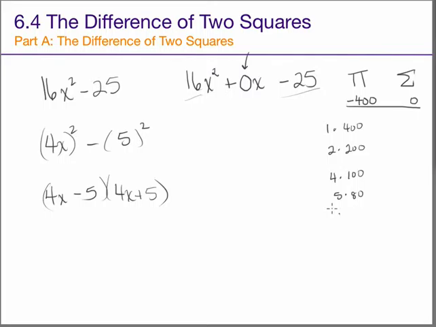Let's go y equals 400 divided by x, then second table. 5 times 80. The next one is 8 times 50. After that, 10 times 40. I'll just keep scrolling down, looking for products that are a whole number times a whole number.